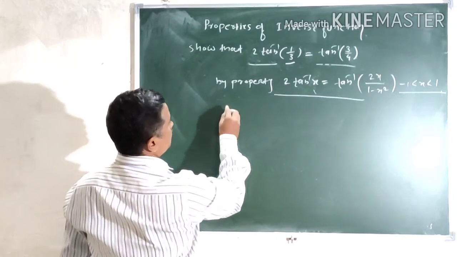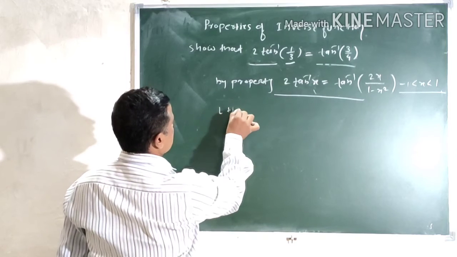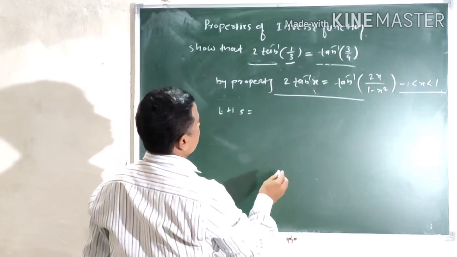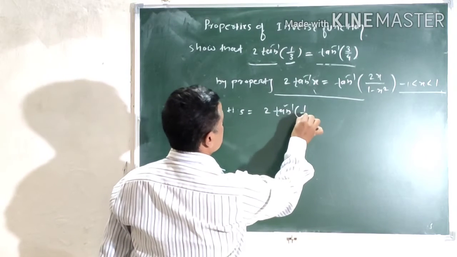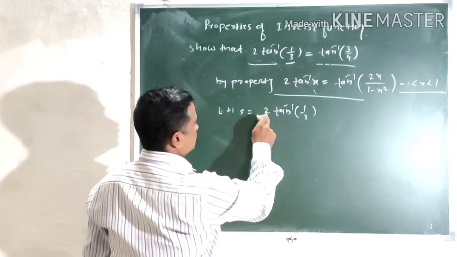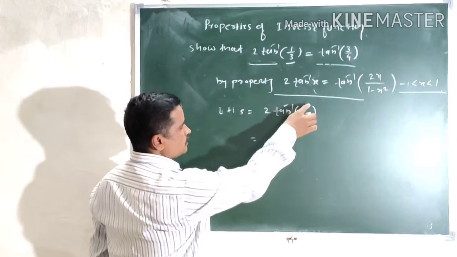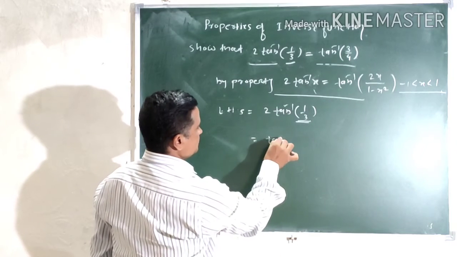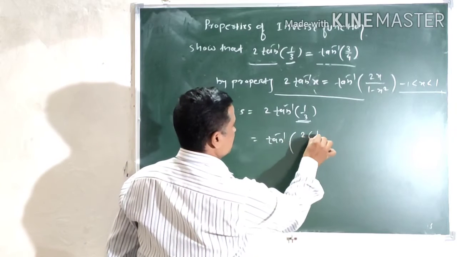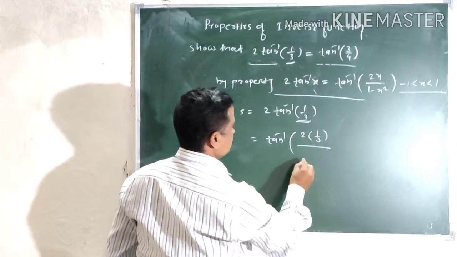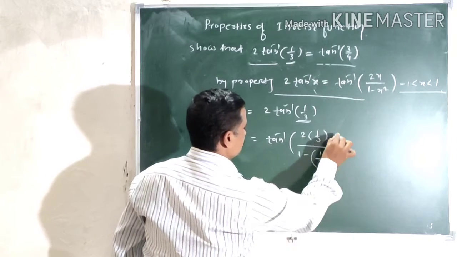So using this property, LHS equals 2 tan inverse of 1 by 3, which is tan inverse of 2 into x, where x has the value 1 by 3, by 1 minus 1 by 3 whole square.